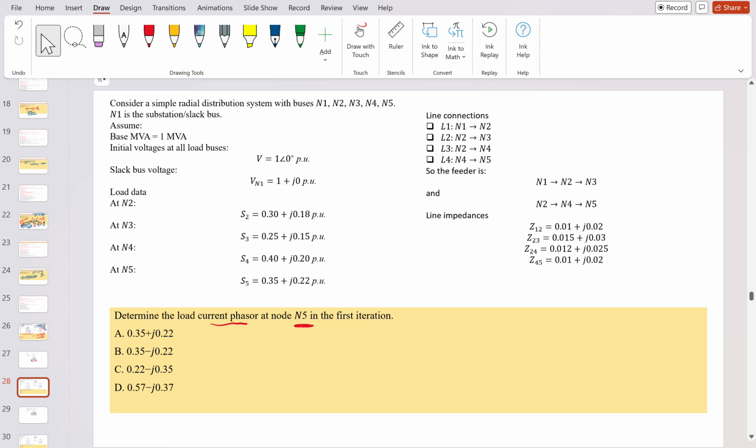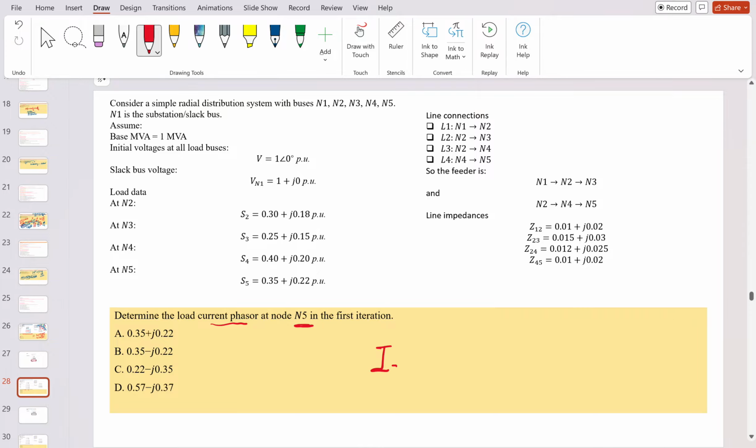Okay, option B. That's easy, no? You already know the methodology to solve that. You already understood what voltage is given and how to find it.